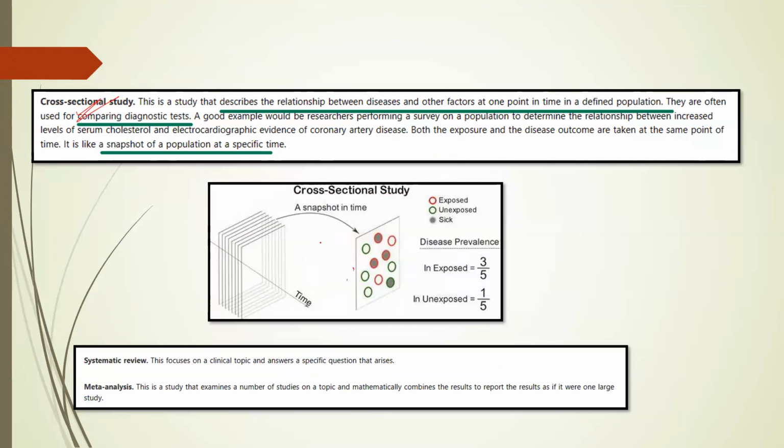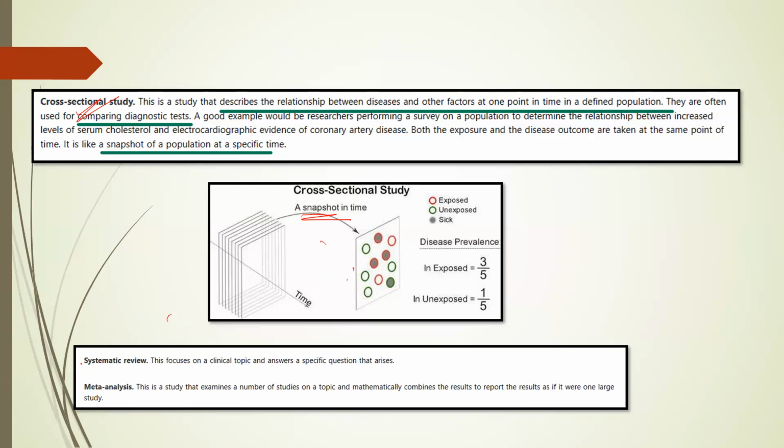It's also called a snapshot study because you're taking a snapshot, a small portion of the entire population, and studying it at that particular point of time. That's the only thing they'll ask. They won't ask you any calculation. And remember, it is with respect to disease prevalence. These are the only two points you need to know.